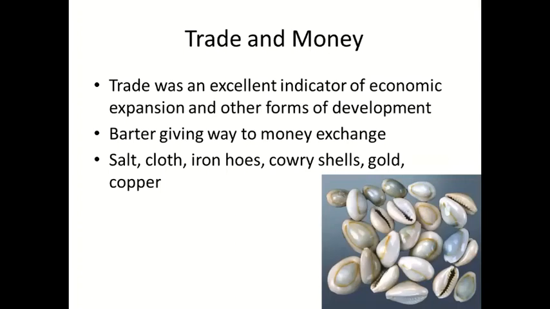Mostly it was trade between neighboring or not too far distant societies. Trade was a function of production. The surplus of what was produced could be exchanged to get what communities lacked. Often it was barter, but that also started to give way to money exchange. So you use salt, cloth, iron, cowrie shells, gold, copper as mediums of exchange.